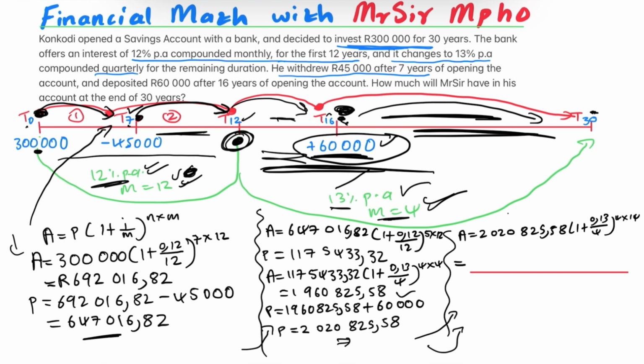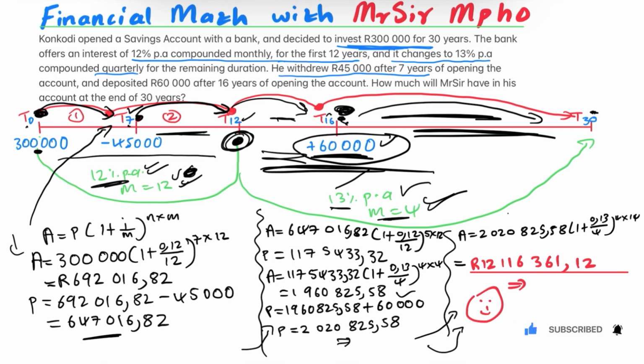So this person got, guess what? 12,116,361 Rand 12 cents. Yeah, this person won. So let's write it. It's going to be 12,116,361 Rand 12 cents. Yippee! This is what this person got.